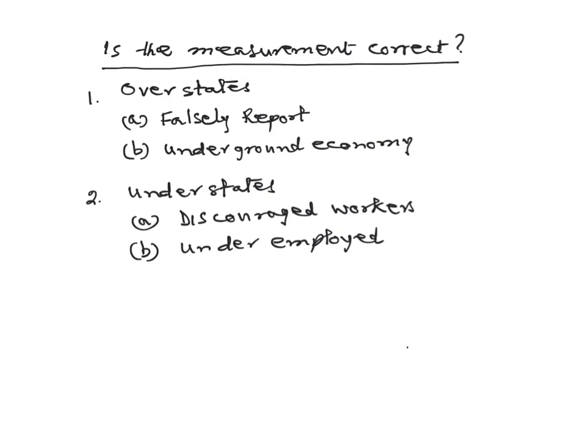Under this, some people falsely report that they have been actively looking for work in the last 4 weeks, but in fact they have not done so. The sole reason for falsely reporting is to get unemployment benefits.